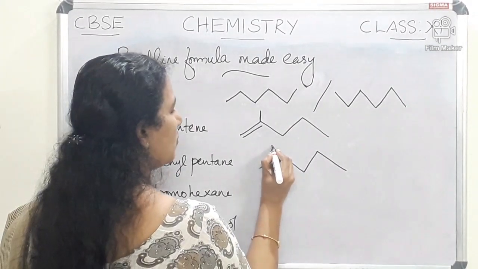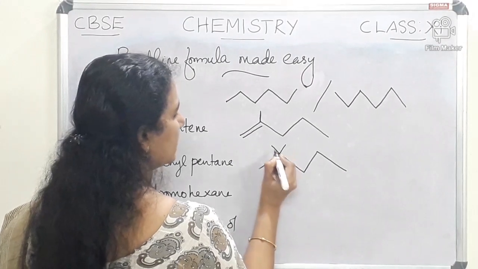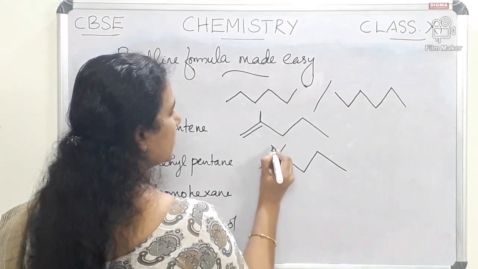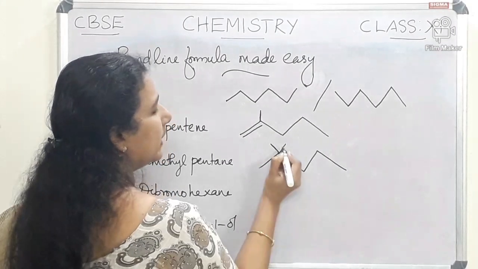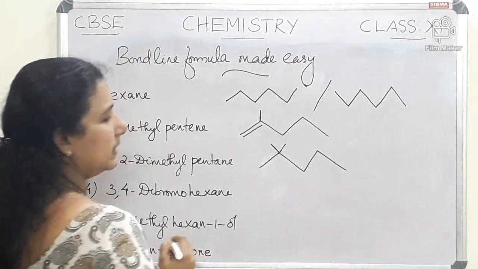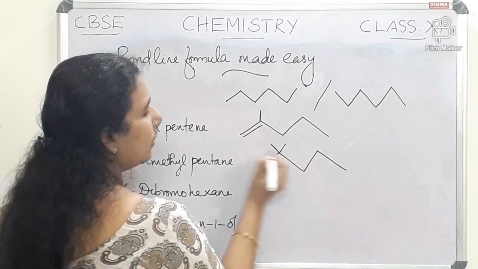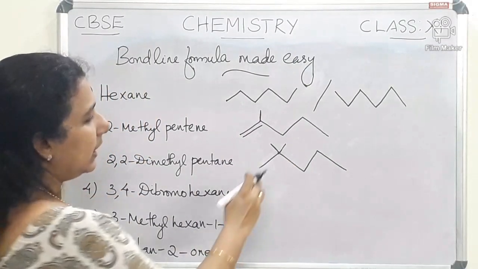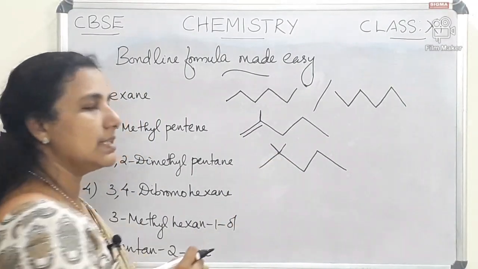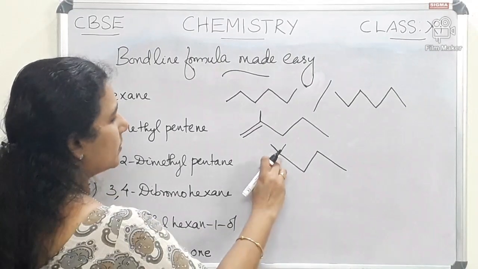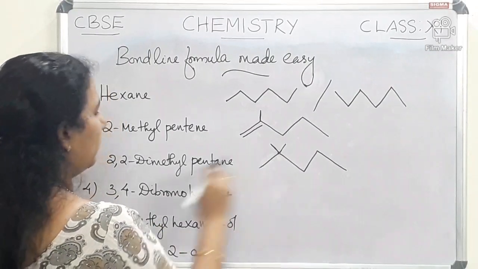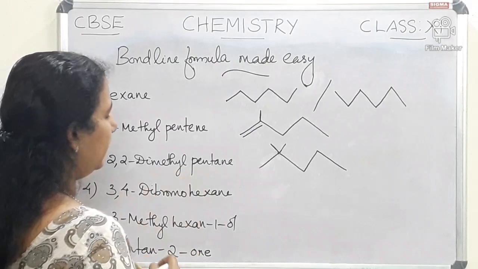We can draw 2 lines like this. This line represents one methyl group, this line represents another methyl group. We have to draw like this in order to keep maximum distance between atoms. So this is the Bondline formula of 2,2-dimethyl pentane.